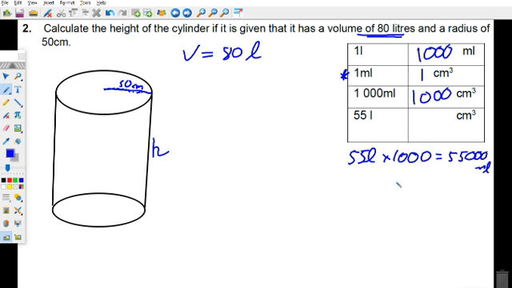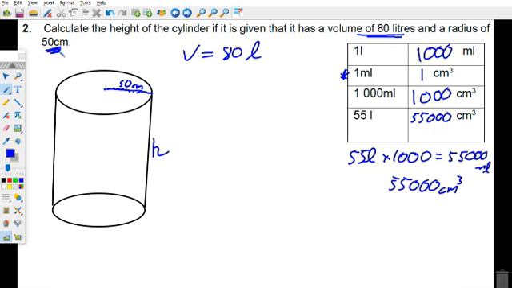So it is 55,000 centimeters cubed. So do you see, to get from liters to centimeters cubed, all we have to do is times by 1,000 because it's all 1-to-1.